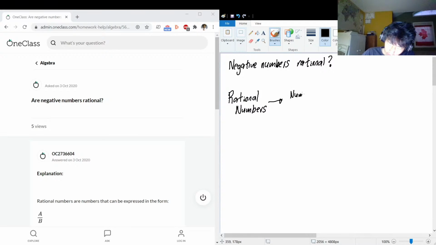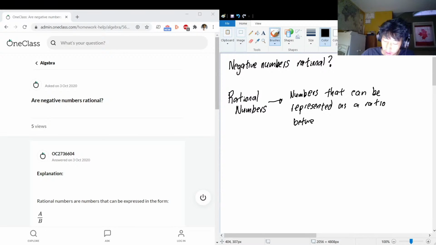So numbers that can be represented as a ratio between two integers. Now, what is an integer?